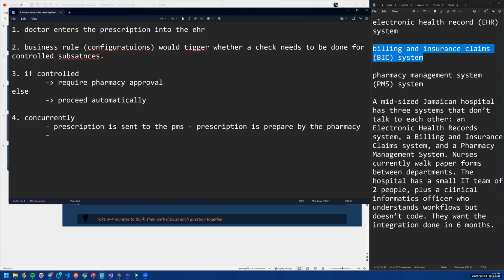And in the other step, while the prescription is being prepared by the pharmacy, the billing system will generate an insurance claim for the medication.